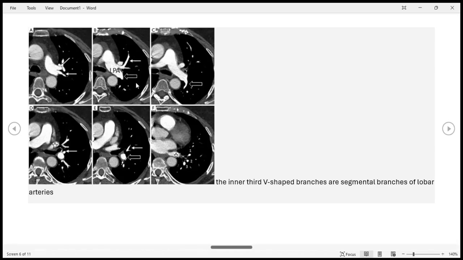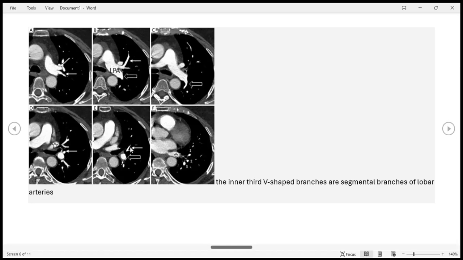So if you see a V-shaped branch within the inner third of the lung, this is the segmental branches or the second order branches.